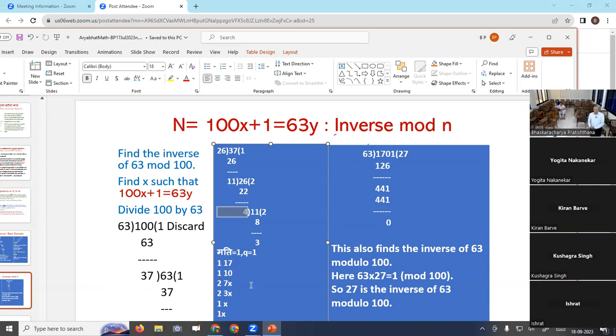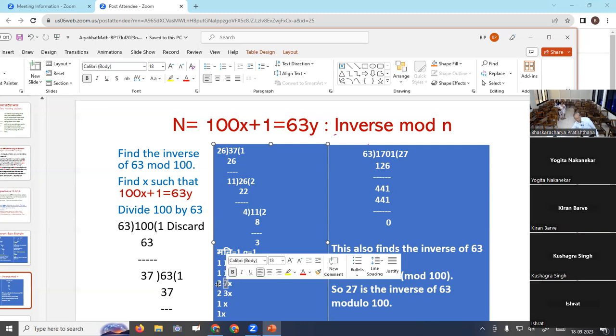Now you use the AB plus C rule. So 2, 1, 1: 2 into 1 plus 1 is 3. Now I use 2, 3, 1: 2 into 3 plus 1 is 7. So I write AB plus C against A. A was 2, so my sequence is now 7, 3. But I take this 1 from this.